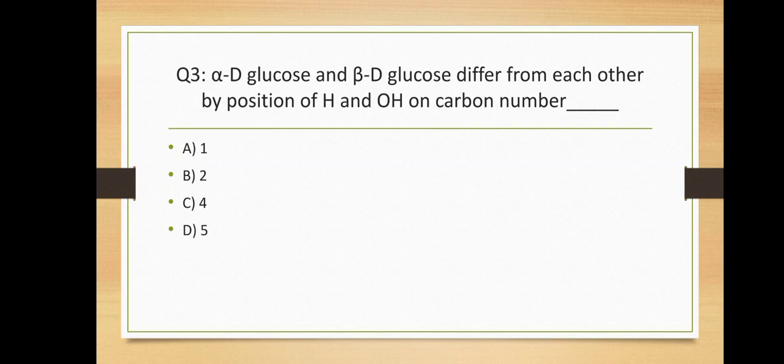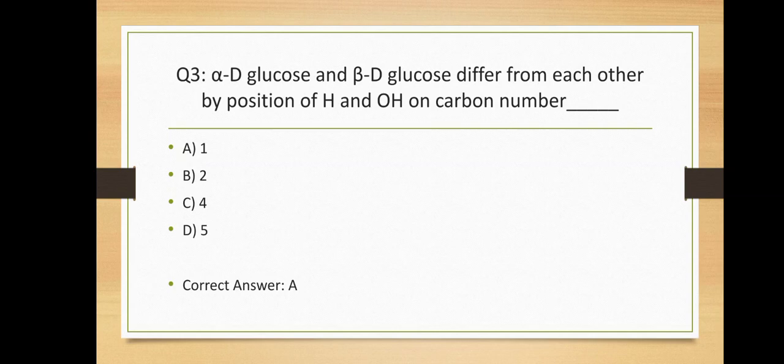So which one among these options is the correct answer for alpha D glucose and beta D glucose differing from each other by position of hydrogen and hydroxyl ions on carbon number? So the correct answer of this question is option A.